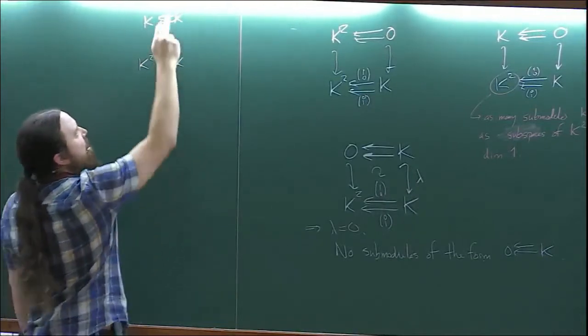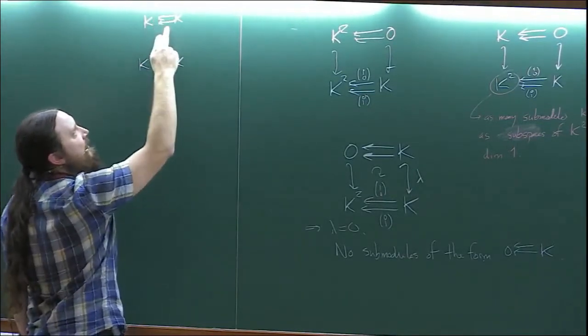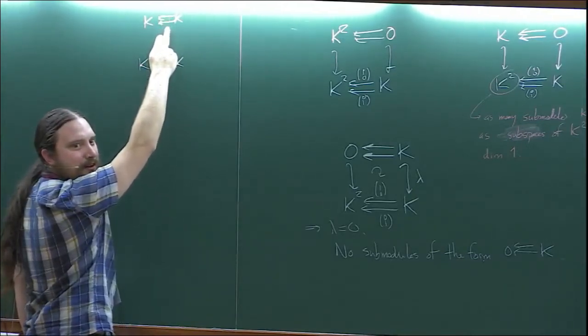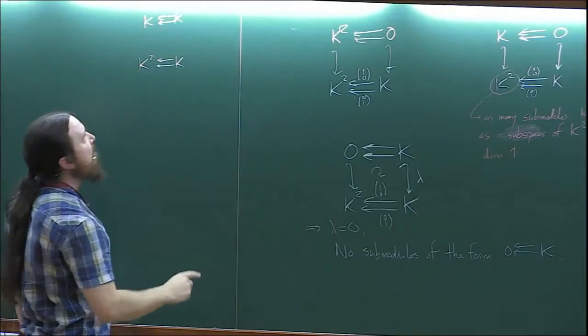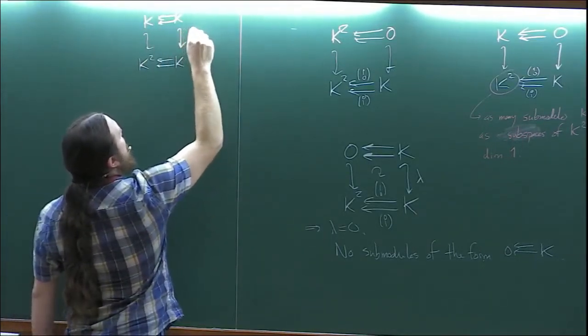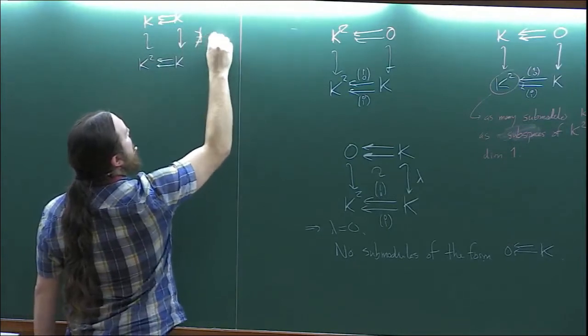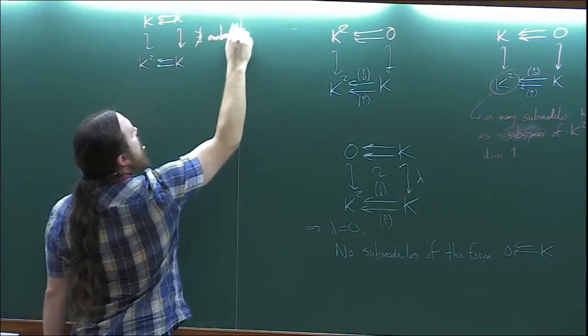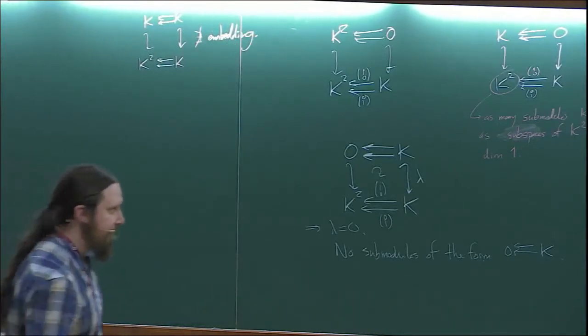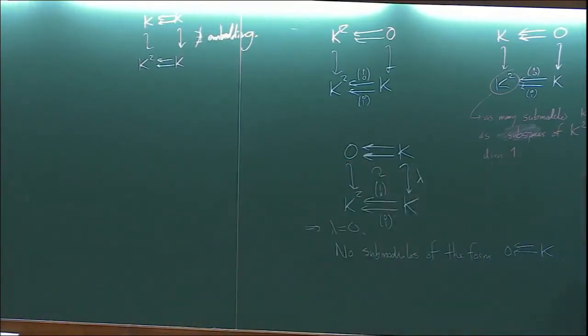You could put 0, 0, or 1, lambda, or 0, 1. All the modules in the tubes. And show that there doesn't exist an embedding. You can do this as an exercise. This will imply that this Grassmannian is empty as well.